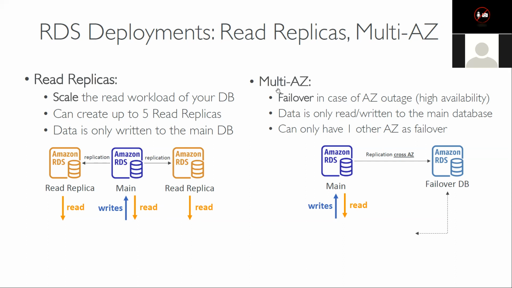In a multi-availability zone setup, you can perform failover. Let's say this is the main. On the main, you can update, you can delete, you can remove. If this one becomes unavailable, it moves to the read replica. Meaning, you can access the content of the database, but you cannot perform updates. You have to wait until the main is up and running.